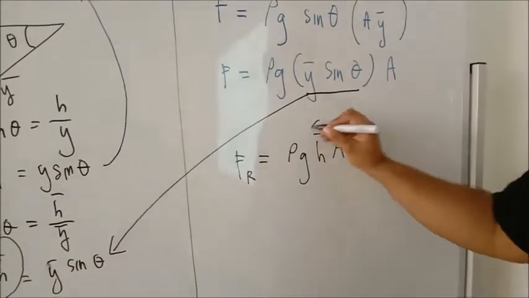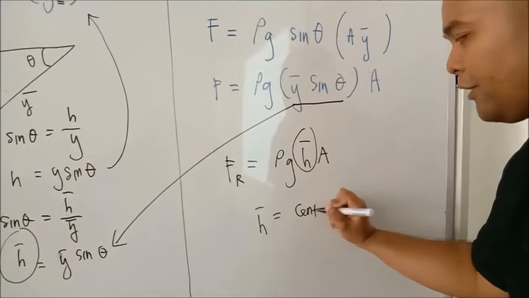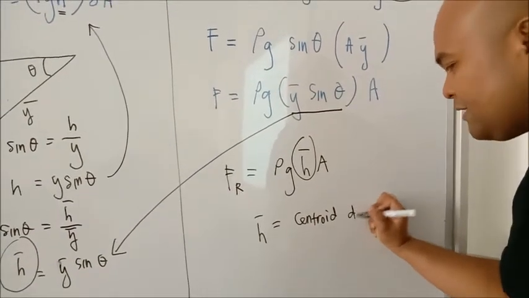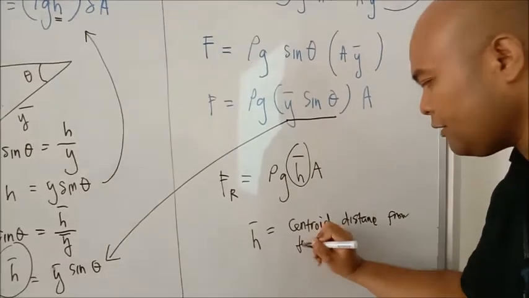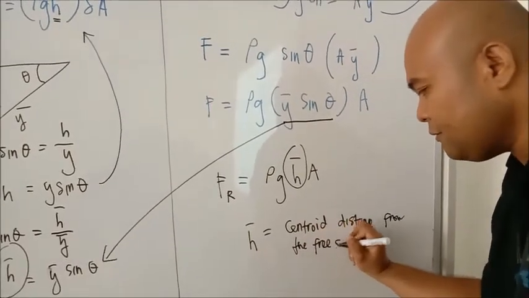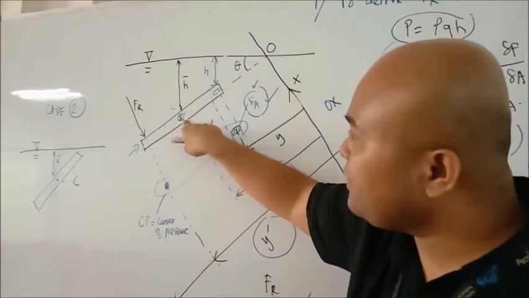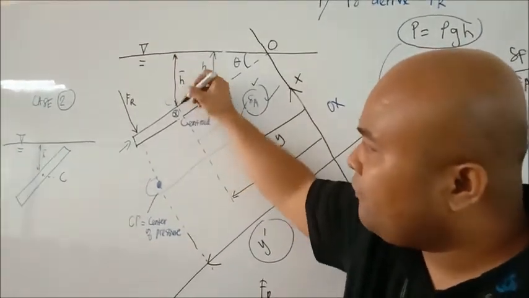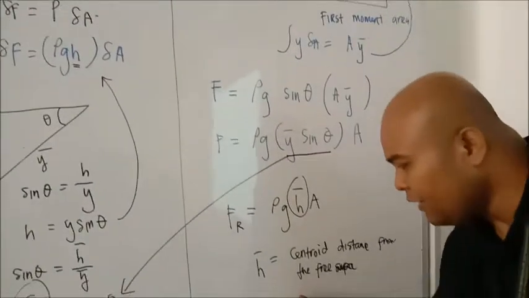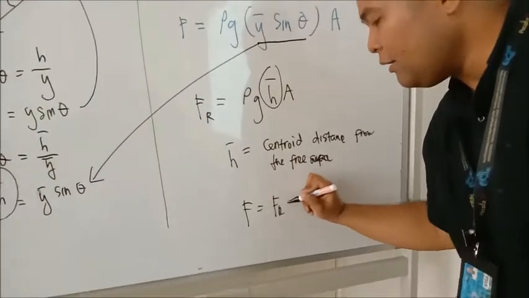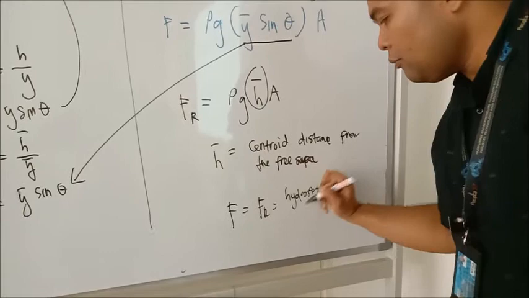Yang mana the H bar here is the centroid distance from the free surface. Here, centroid distance from the free surface from here to here, and then the F now becoming Fr is hydrostatic force.